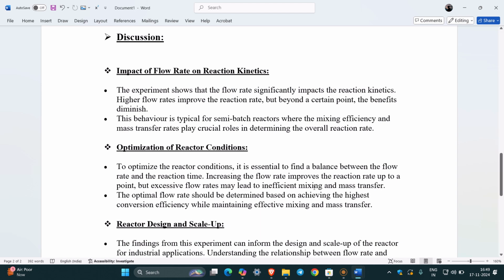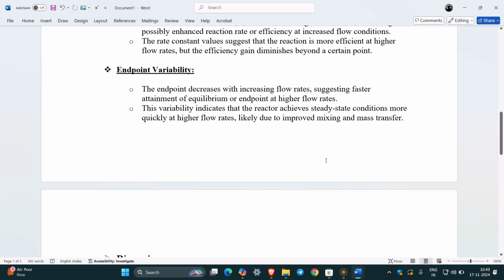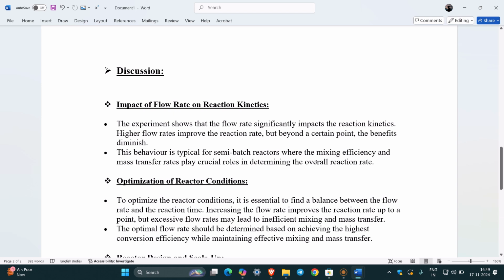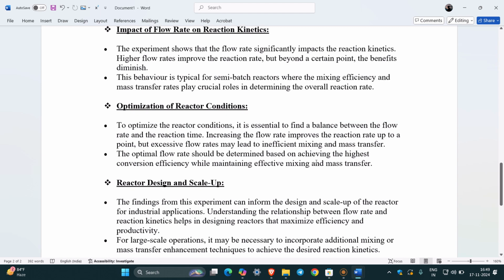So we can see that as we increase the flow rate beyond a certain point, the efficiency decreases. To get the best outcome, we have to find an optimal flow rate at which our efficiency will be maximum while maintaining effective mixing and mass transfer also. That will be our optimal flow rate.